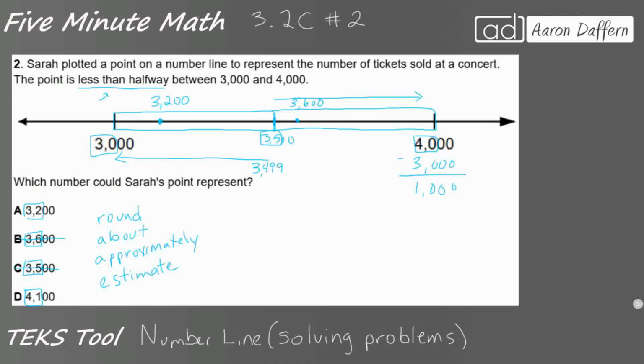And then look at D, 41. That actually falls outside of our box. So this is going to be larger than 4,000, which definitely is going to round back down to 4,000. So the only one that's going to be less than halfway in between 3,000 and 4,000 is A, 3,200.